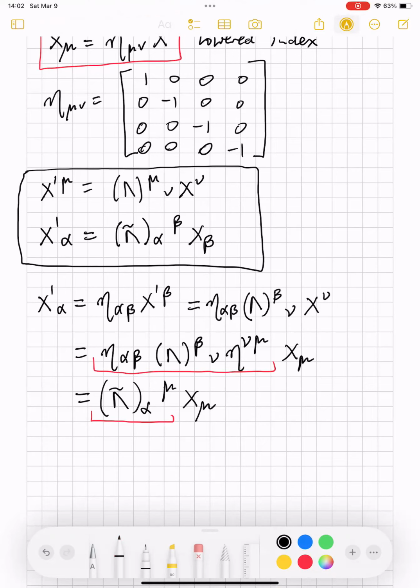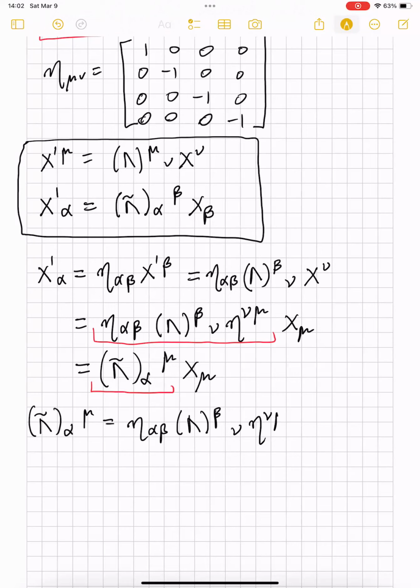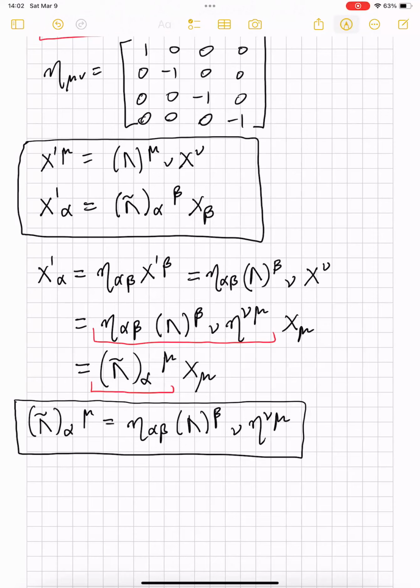So what do we learn? Well, we learn that lambda tilde alpha mu is equal to eta alpha beta lambda beta nu eta nu mu. And I think this is a lovely intuitive formula, because you can see that to get lambda tilde from lambda, we lower the first index of lambda and raise the second index of lambda.